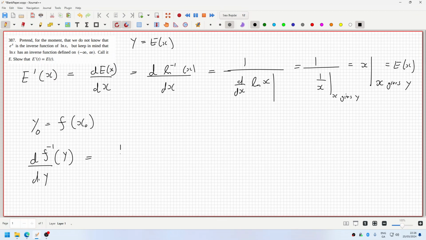That would be 1 over the derivative of the normal function at x, but the value of x you're supposed to use is the x that would give, say this is y0, it's the x that would give y0, so that would be x0. So it should be 1 over the derivative at x0.